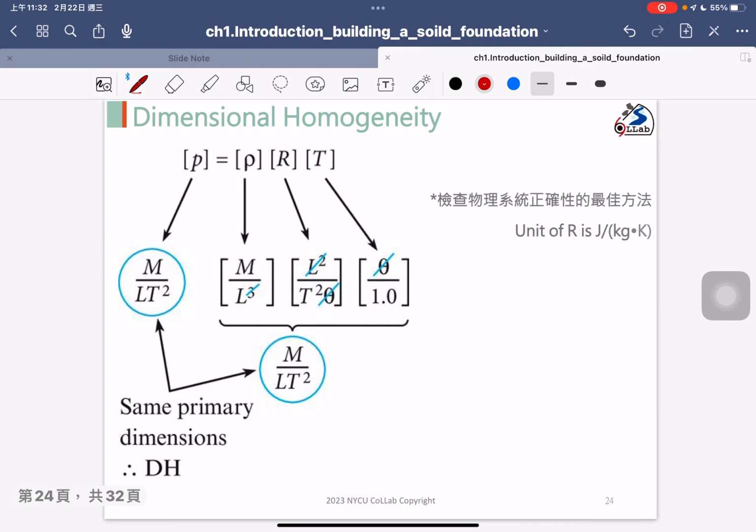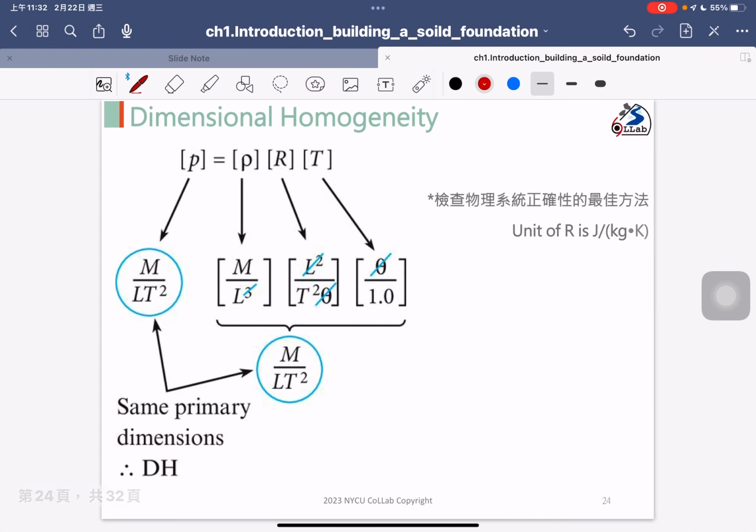Okay, and sometimes we will do a dimensional balance, or we call that dimensional homogeneity. As you can see, we know that the equation is the pressure, this is the pressure, and this is the density, this is the specific gas constant, and this is the absolute temperature.